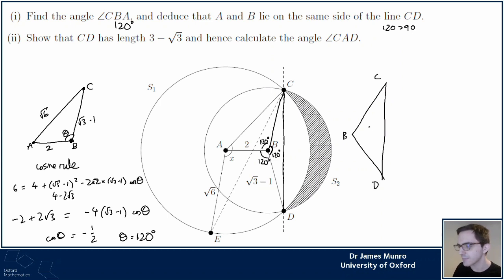BCD. So we know this is 120 degrees by some previous work, and the fact that angles at a point add up to 360 degrees. We know that BC, that's still the radius of the small circle, and we'd like to find the length of the other side. So it's easy to jump into this and just say this is the cosine rule again, where now I know an angle and two sides and I want to find the other side.